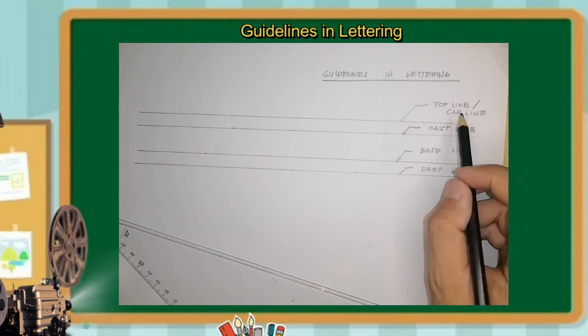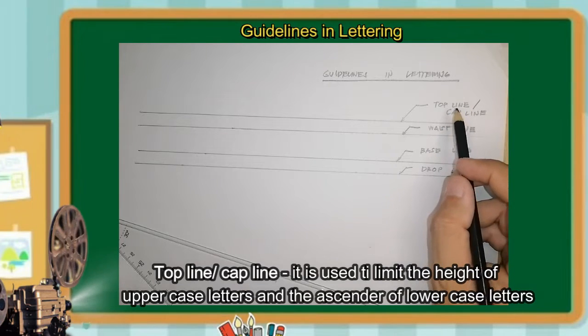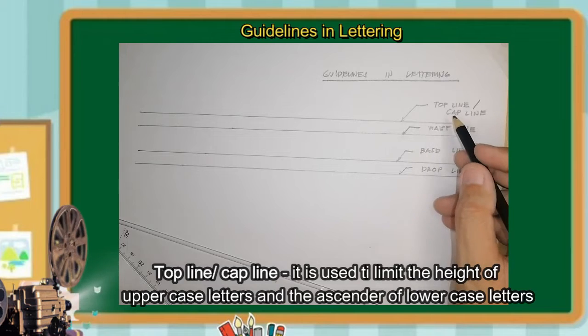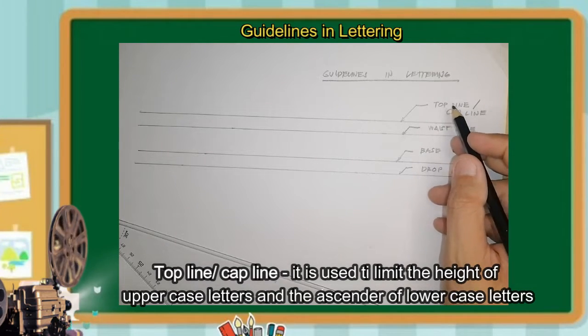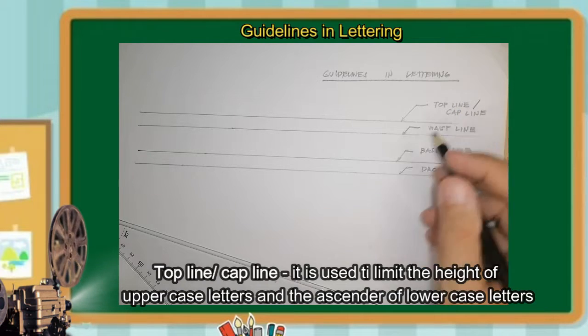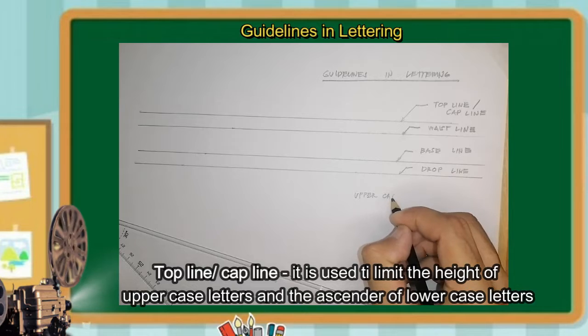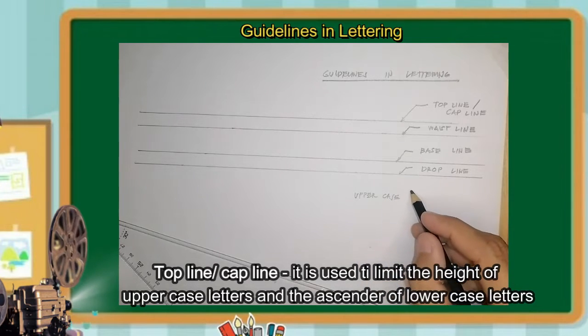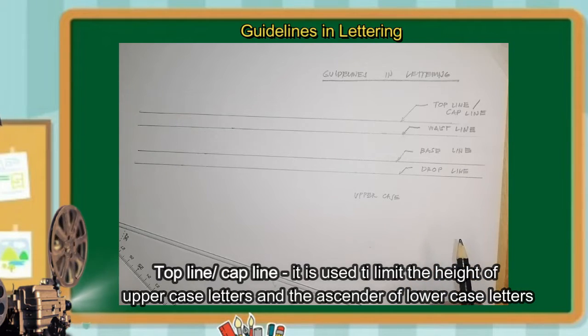Normally class, top line is used to limit the height of uppercase letters and the ascender of lowercase letters. Ano ba yung uppercase letter sa lettering? Ito rin yung tinatawag natin na capital, yung mga naka-caps lock pag nag-type tayo sa Microsoft Word.